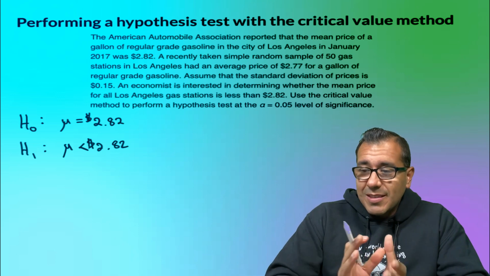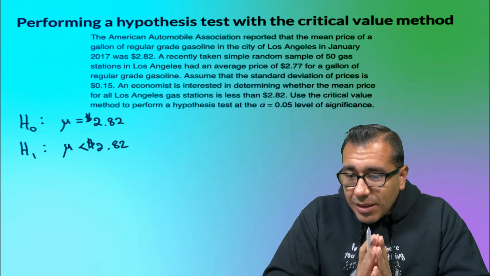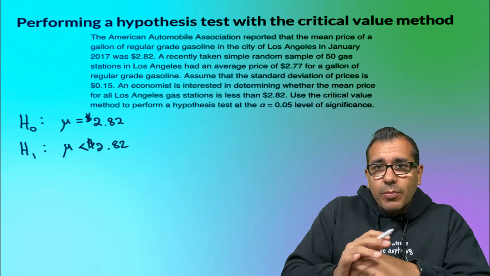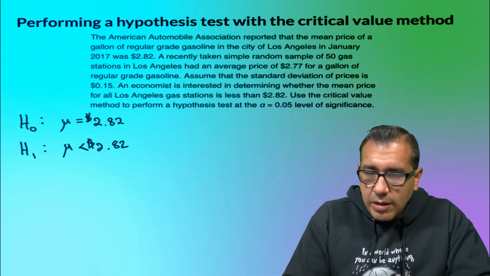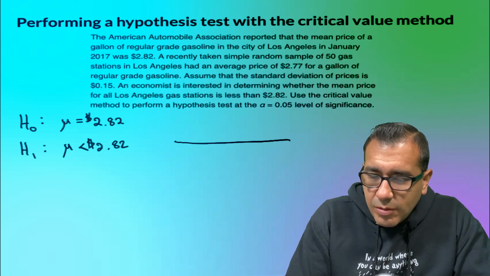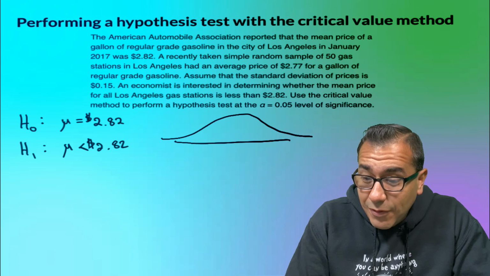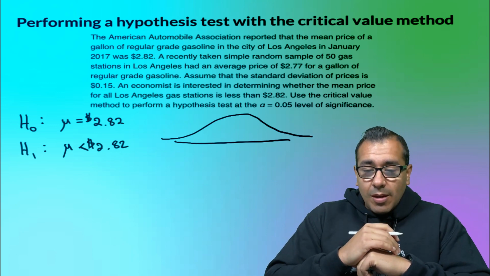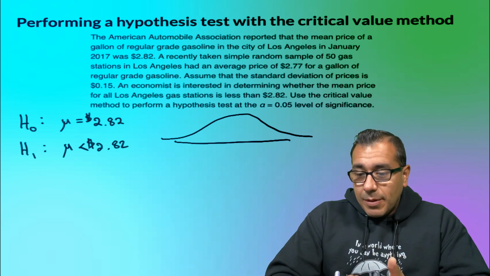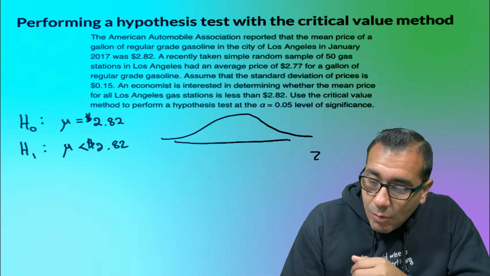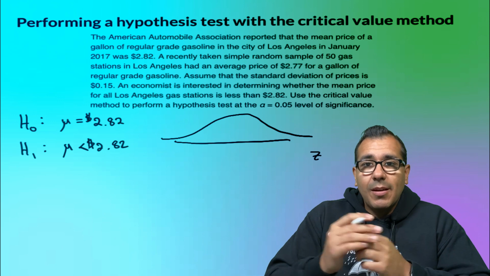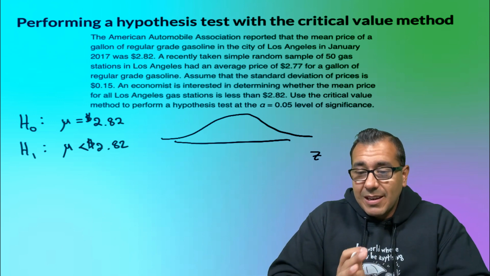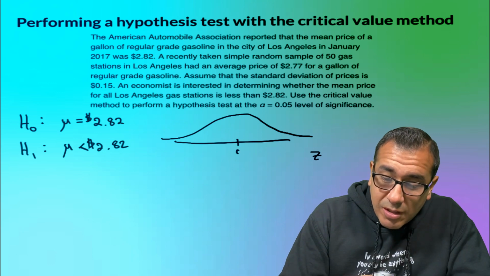When you're setting this up, what I like to tell the Dr. Mathletes all over the world is to draw your bell-shaped curve, your normal distribution. There are many ways we could look at this, but I want to use z-scores, standardizing, with zero in the middle.